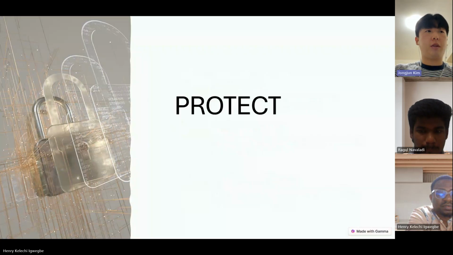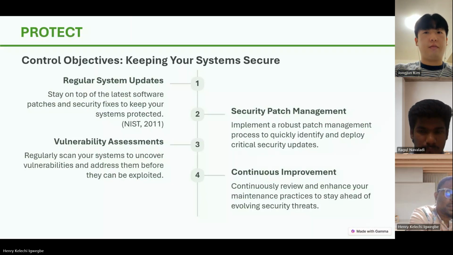Okay, next is the protect section. The first strategy in protect is access control. Role-based access control, RBAC, limits permissions based on job roles, reducing unnecessary exposure to sensitive information.